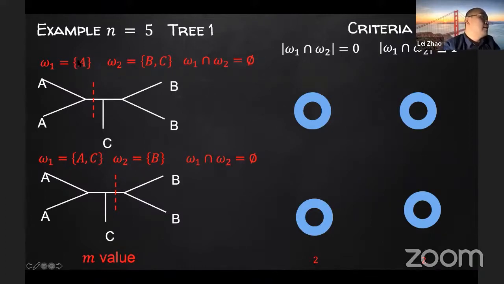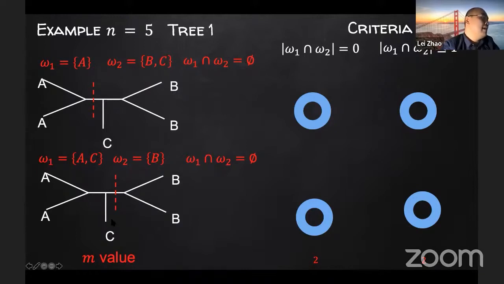So the measurement for the topology is like this. We know that for this tree, we will have two internal branches, and we can cut the tree at either of the branches. If we cut the tree here, it will naturally divide the tree into two clusters. If we calculate the intersection, there will be none, an empty set.